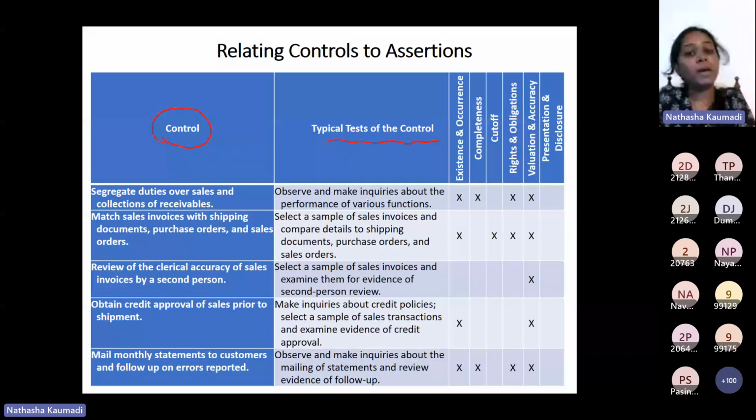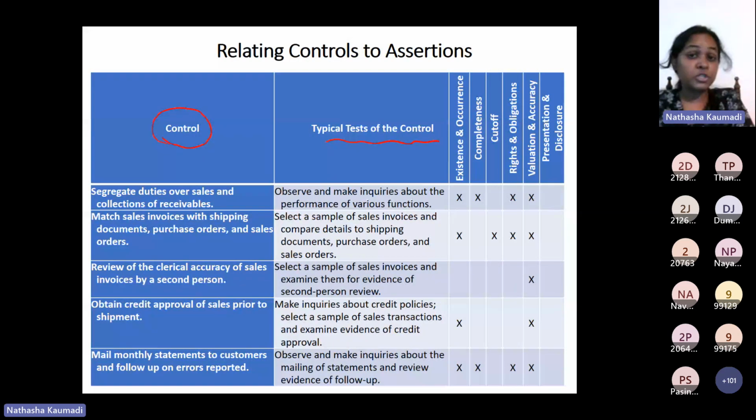Then what do you mean by test of controls? Test of controls is not the authorization of credit limits. I have seen most of the students mess up control and test of controls. Control is the authorization of credit limits by the employees of the organization. A manager will authorize the credit limit.